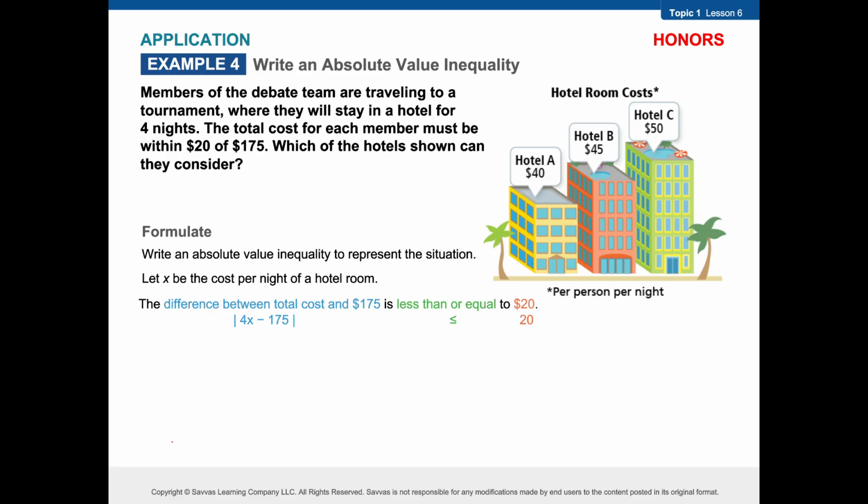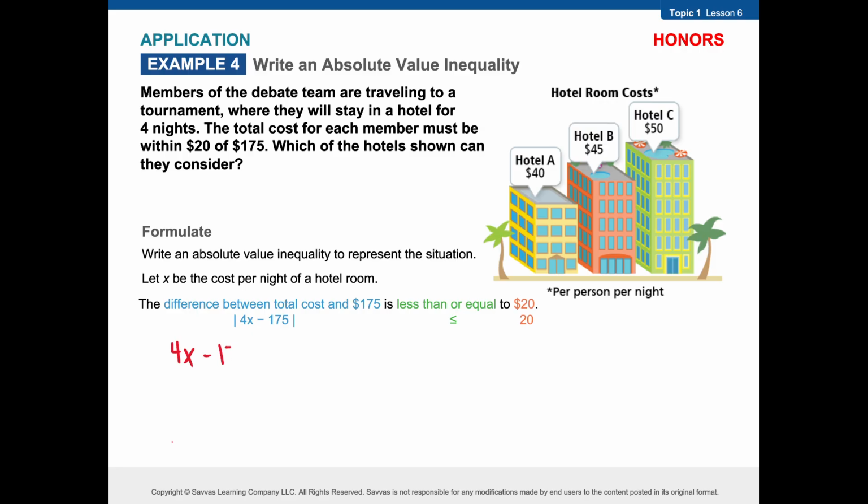And then the number that always goes above or below always should go after the equal sign or after the inequality symbol. So because you can spend all of 20, but you can't go above it, less than or equal to that 20. So absolute value of 4x minus 175, less than or equal to 20.